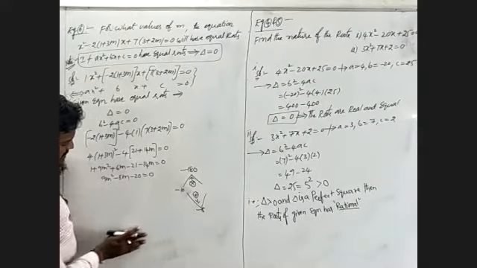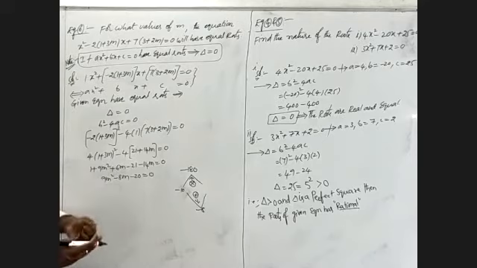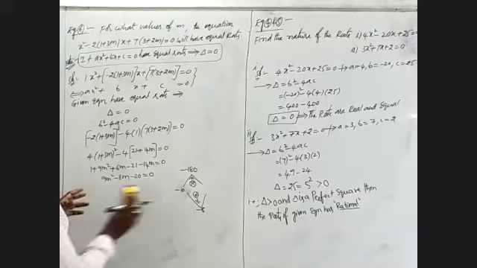Minus 10 and 8, taking 9 into 9m square minus 8m minus 20, 9 into minus 20 is minus 180. Here it does not satisfy this one.